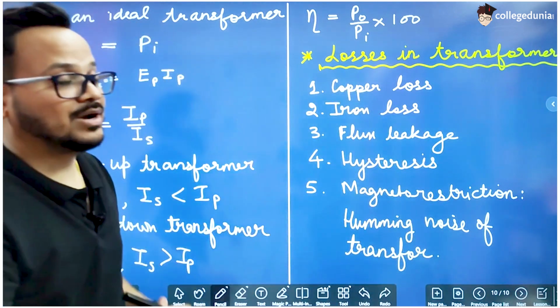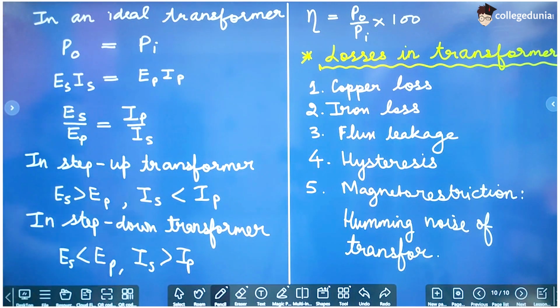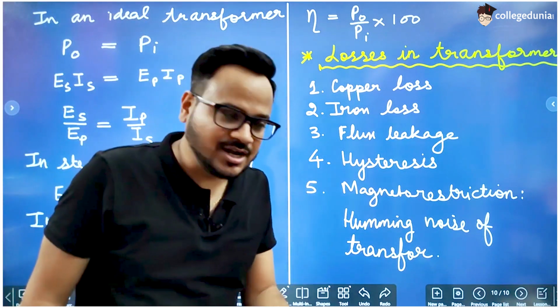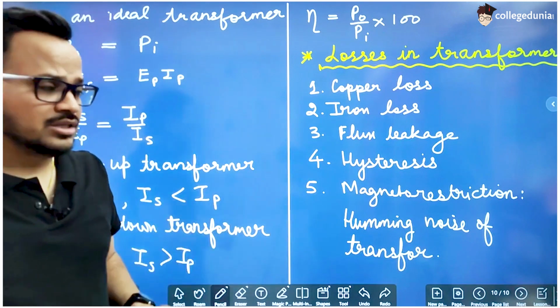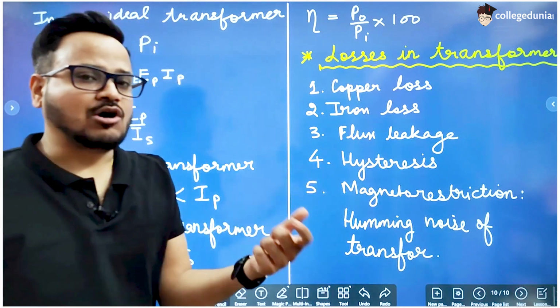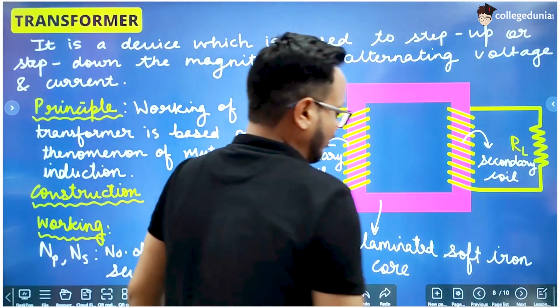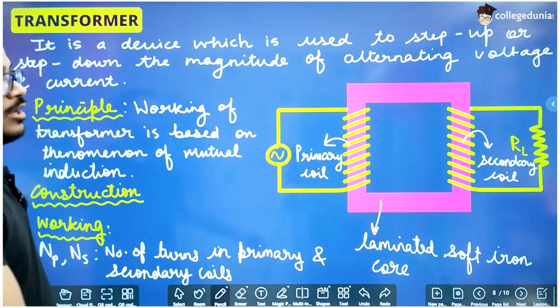If you have ever walked past a transformer, you must have heard this kind of humming noise coming from it, and obviously sound is a form of energy, so this is also a wastage of energy. So where is that sound coming from?